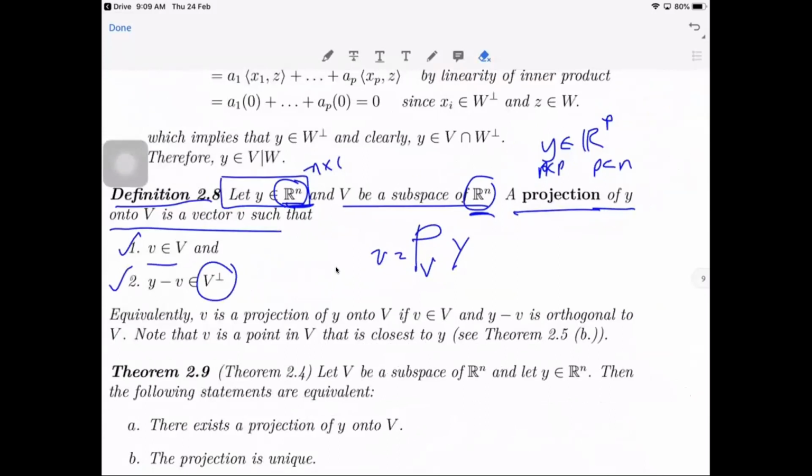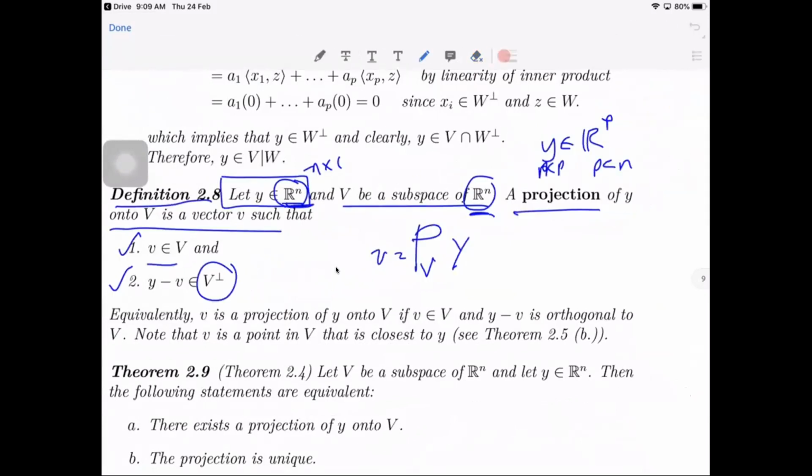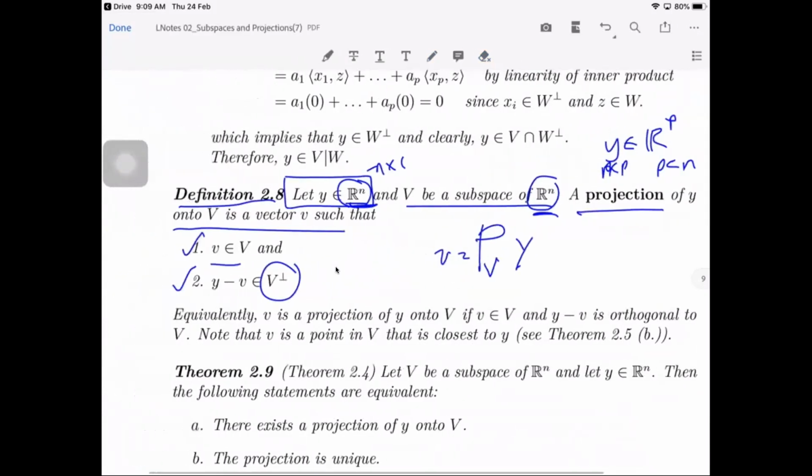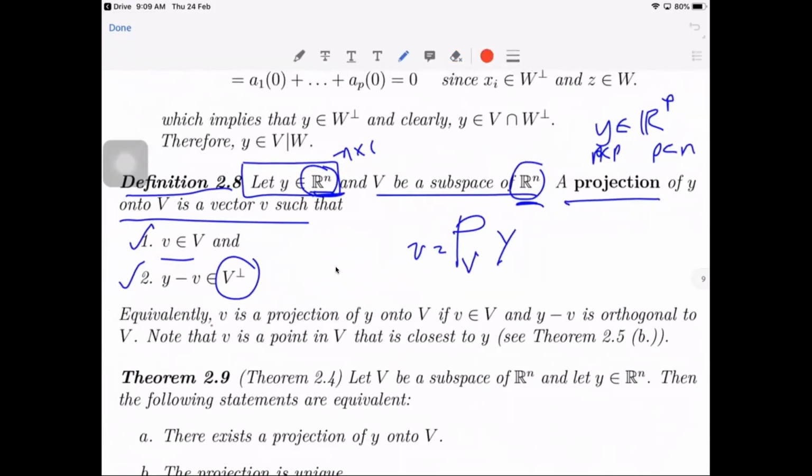Good. Equivalently, v is the projection of Y onto V if v is in V and Y minus v is orthogonal to V, or this is in V perp.